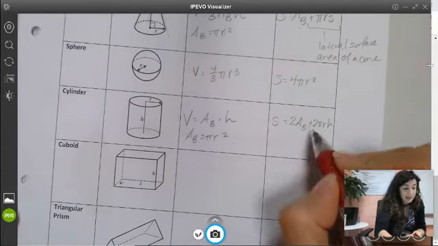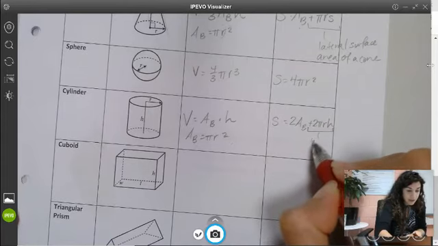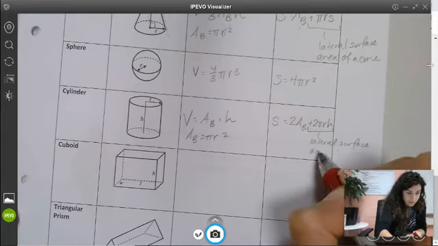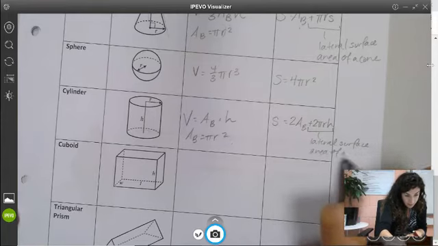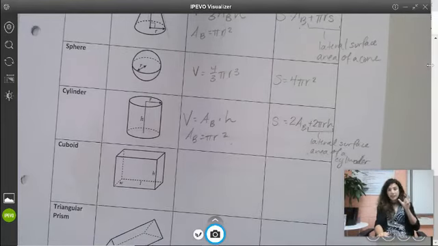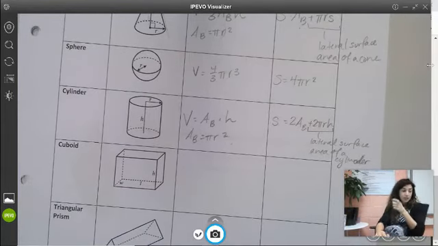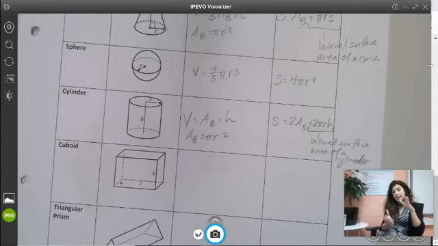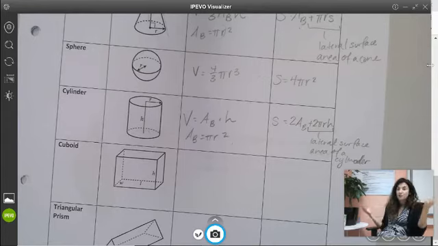Really what this is, and this is again the lateral surface area of a cylinder. Only the lateral surface area of a cylinder is represented on page 2 of your formula book. So again, you just have to know that you're taking that lateral surface area and adding on the 2 bases to get your total surface area. So can you use these formulas in order to then find the answer is what IB is testing you on.